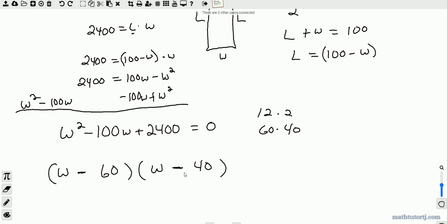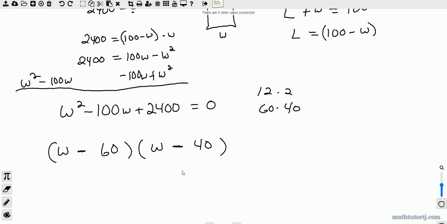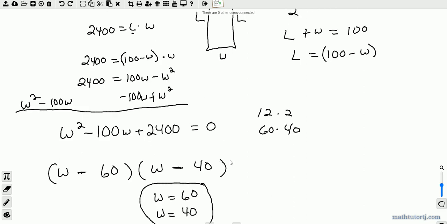Okay, so here we are. We have now that W equals 60, W equals 40. The beauty of this problem is that your final dimensions are actually 60 and 40. I can choose either one of these and plug them back into my equation for L, and I will have a satisfactory answer.